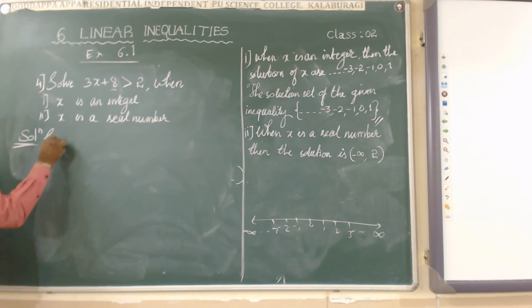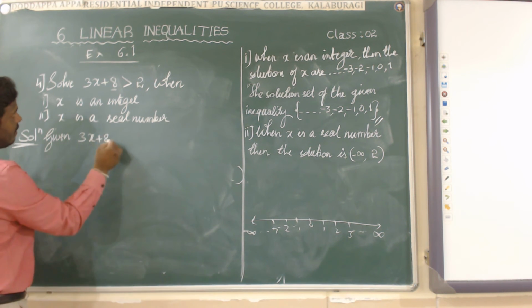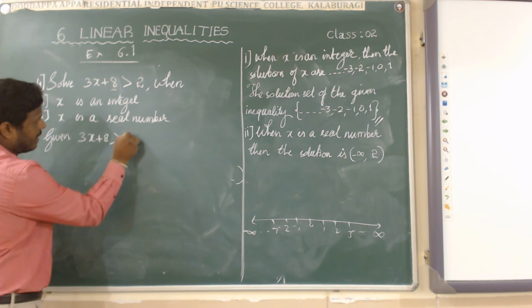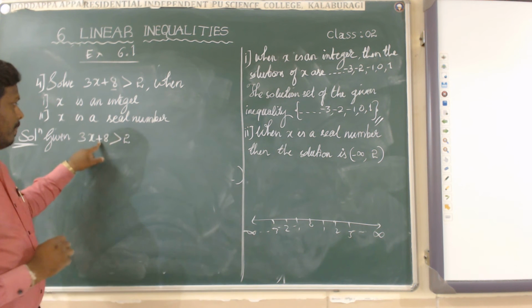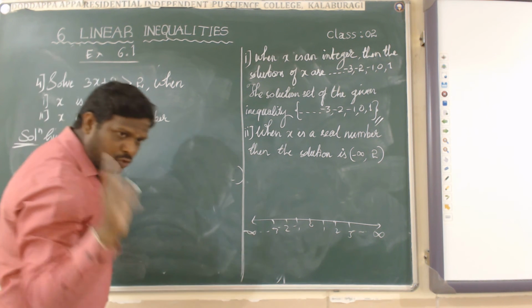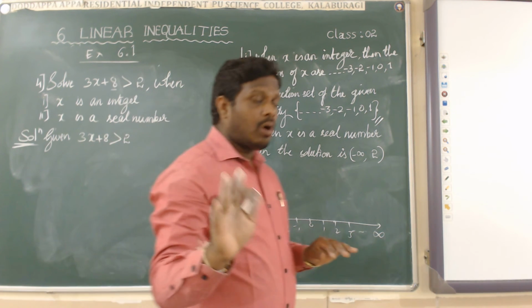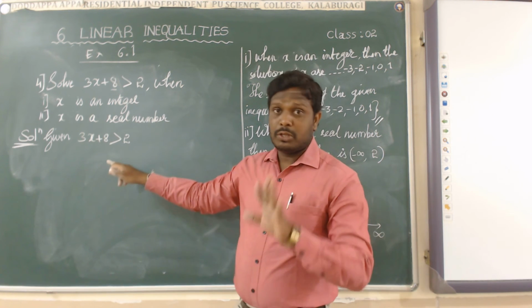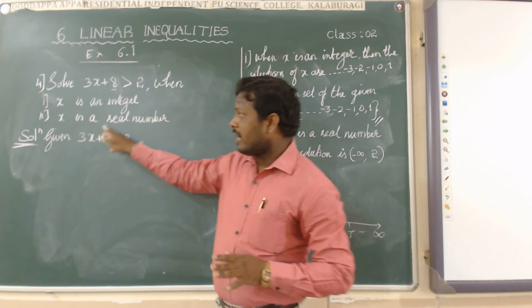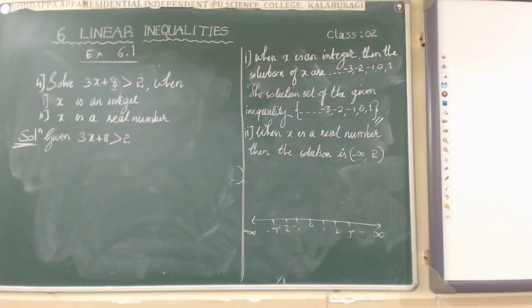Given: 3x plus 8 is greater than 2. For removing the plus 8 we have to use the first rule: equal numbers may be added to or subtracted from both sides of the inequality without affecting the sign of inequality. Please remember that rule.